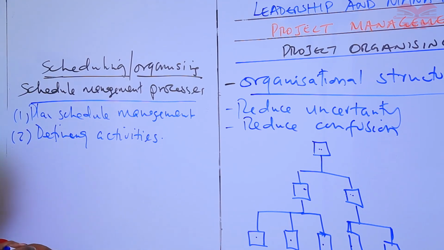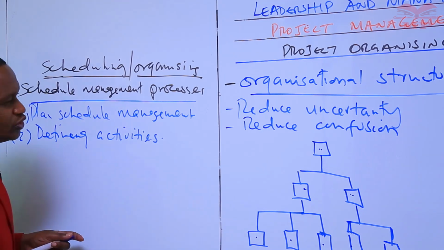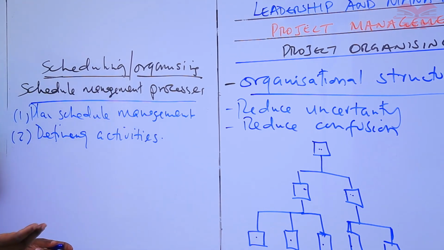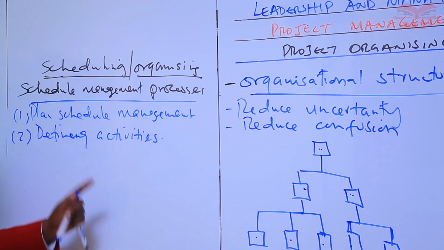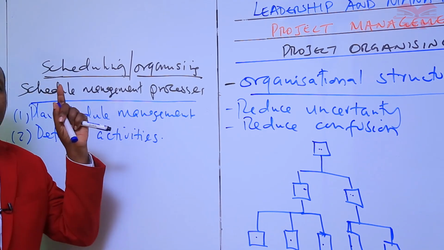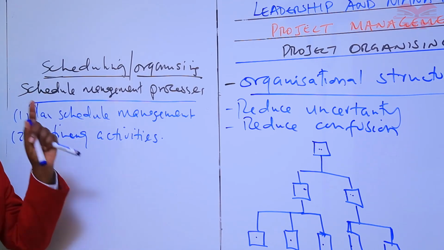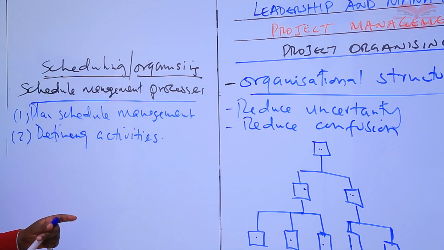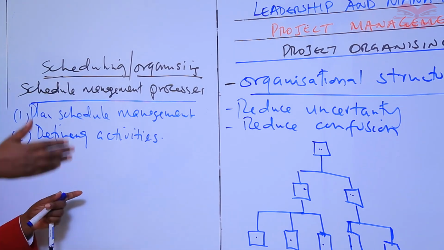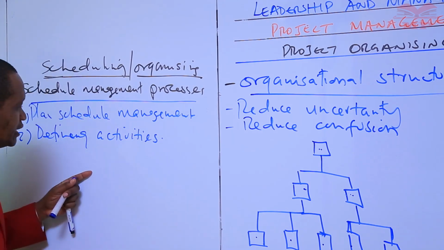So before undertaking a project, before the various steps are drawn, before coming up with say a network diagram, there has to be definition of activities. The activities have to be listed down. What are the activities that are expected to be undertaken in the process of building or developing the deliverables? You identify, you list down the activities.